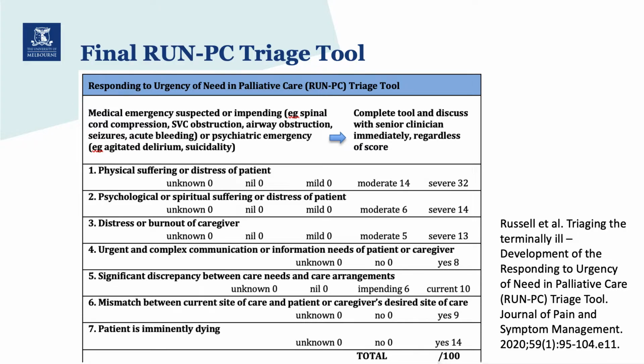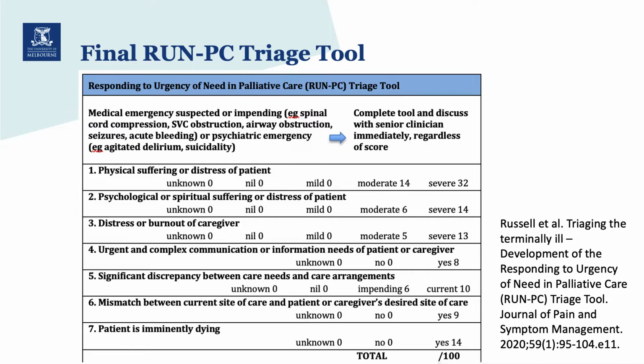And then in terms of the unknown category there, referrals with missing data are problematic. It's not uncommon to receive a referral where the referrer perhaps doesn't know anything about how the caregiver is getting on, or perhaps doesn't really have much of a grasp of how the patient is coping psychologically. But the validation study, which we'll talk about shortly, really showed that assuming the worst and allocating maximal scores to any unknown factors actually decreased the reliability of the tool.